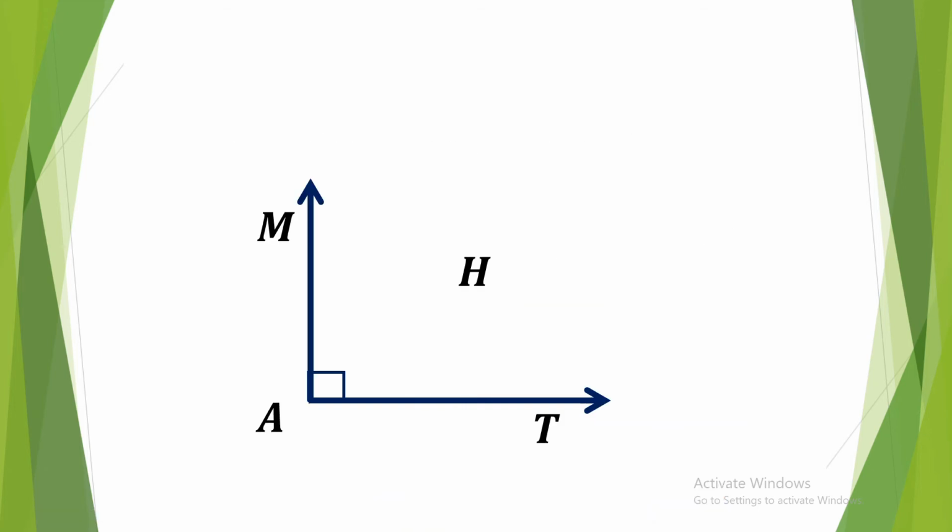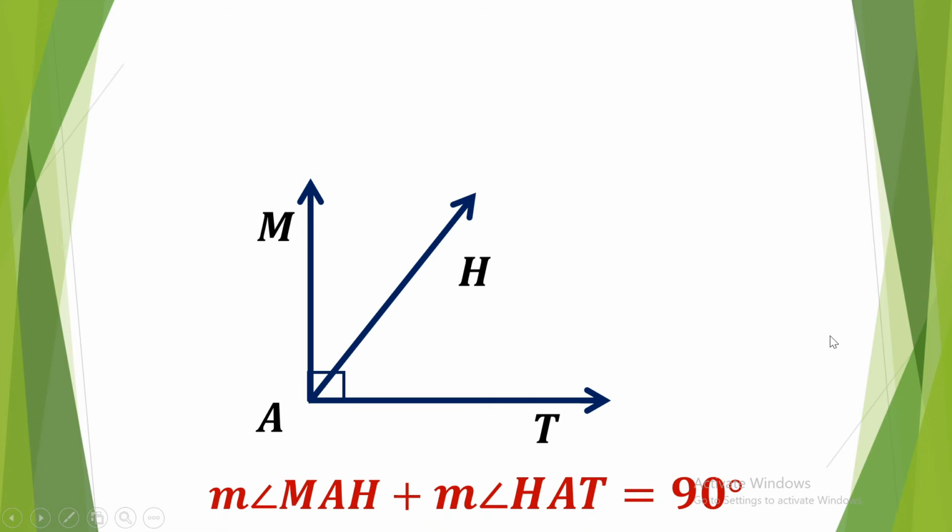Next, we have here angle MAT, which is a right angle. And on that angle is a ray dividing it into two, we have ray AH. So since it's a right angle, then those two parts, when we add them, must be equal to 90 degrees.